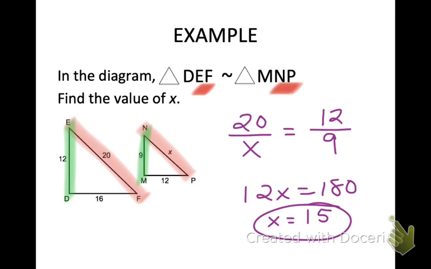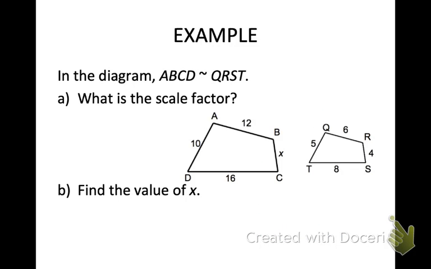All right, so now let's go away from triangles to a quadrilateral. So now I'm told that ABCD is similar to QRST. What is the scale factor? What's the scale factor? What ratio are you going to make?